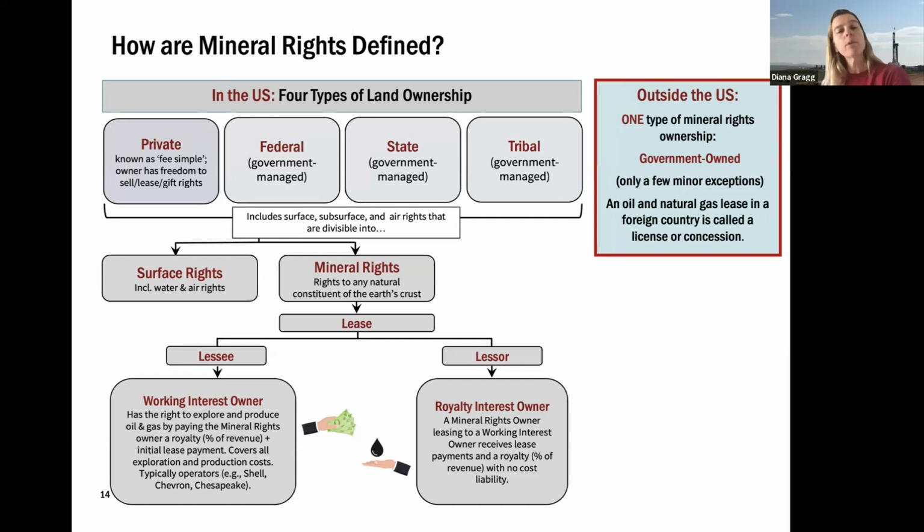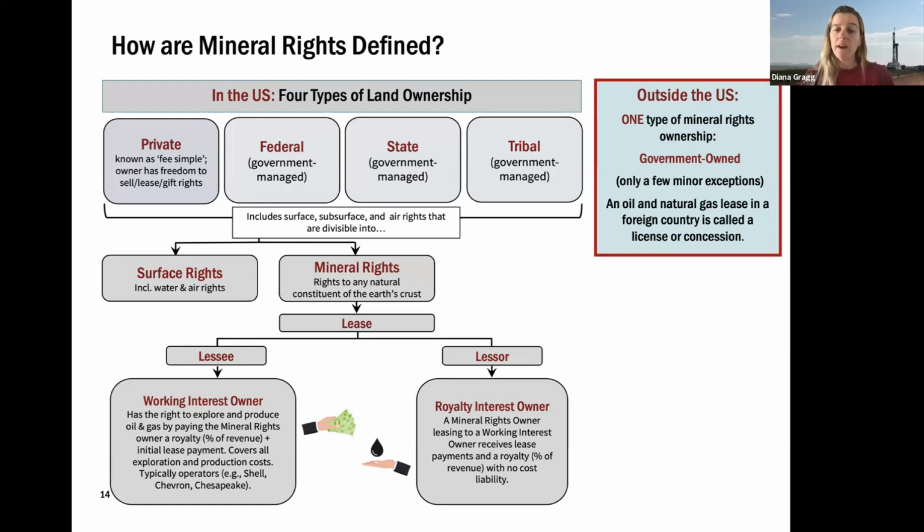And so usually that's some percentage of the revenue that comes from oil and gas that's produced. And so you can see that there are often different payments going on from the developer or operator to the land rights owner or the mineral rights owner.